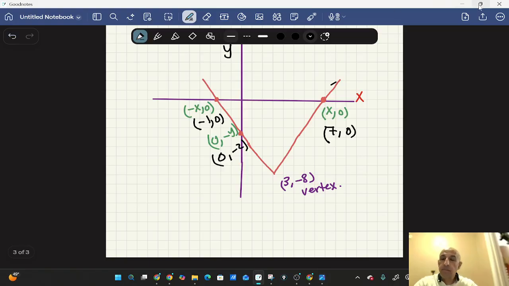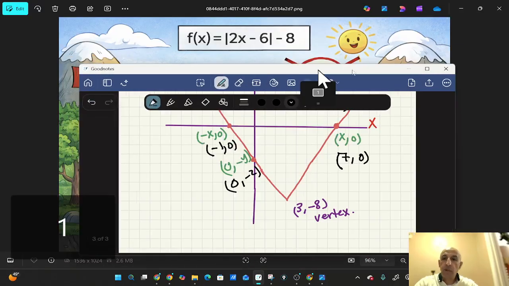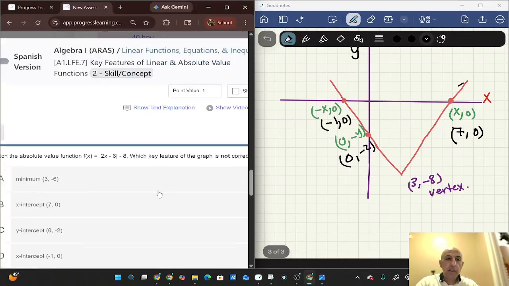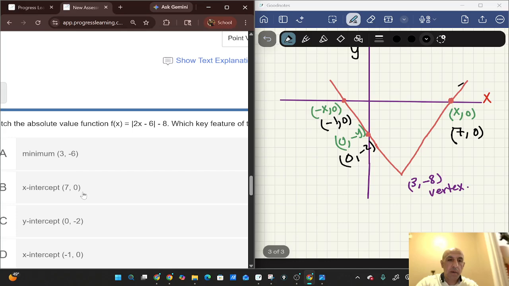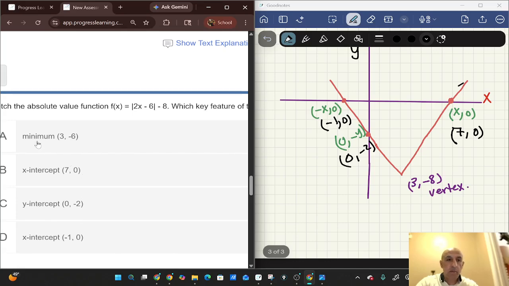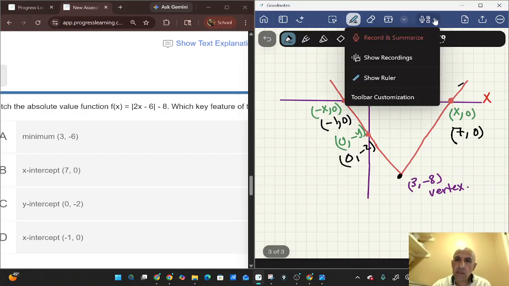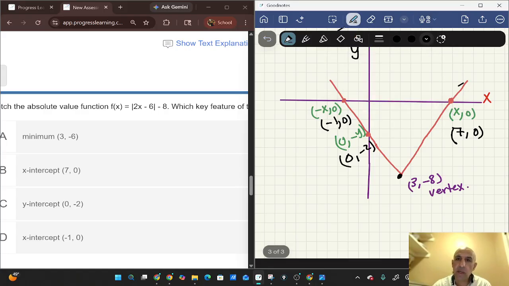After we reach this graph, let us go now to the options. Here we are talking about the minimum. Do we have a minimum? Yes, because this is the lowest point, and we call it exactly the minimum.